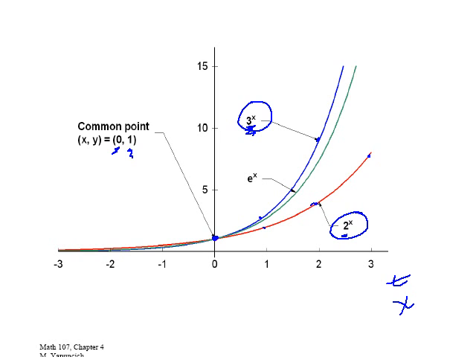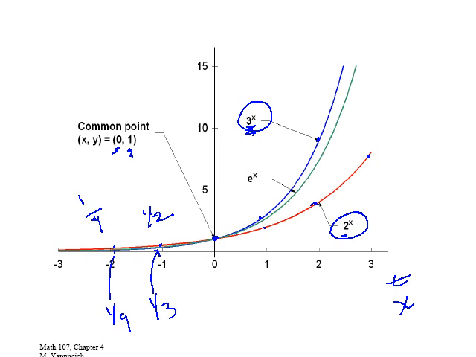And now when we go the other way, though, at minus 1, 2 to the x would be at 1/2, but 3 to the x would be at 1/3. So at this point, 2 to the x would be 1/4, whereas 3 to the x would be 1/9.